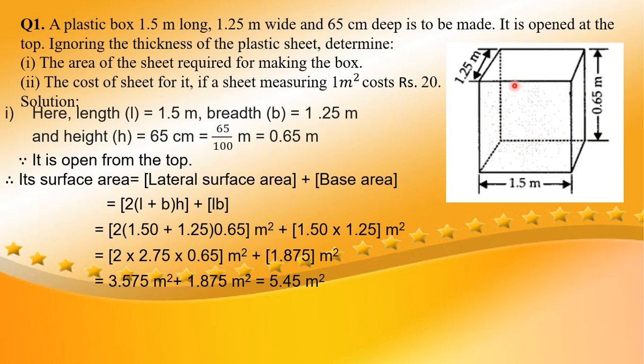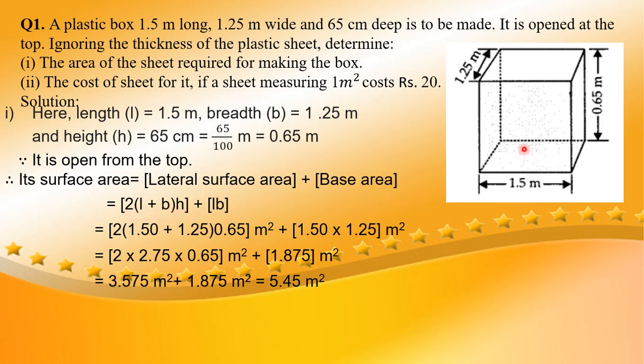The left and right side faces give the height and breadth, so that means 2 times L, 2 times H and B. Similarly, back and front faces give the height and length, so H into L. So when we take 2 and H as common, we get the lateral surface area formula 2 times (L plus B) into H. Remember, the formula of lateral surface area is 2(L plus B)H.